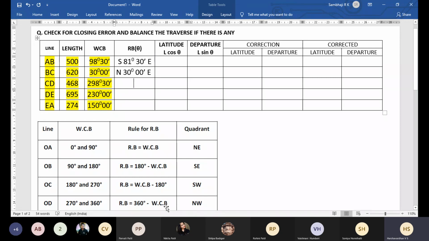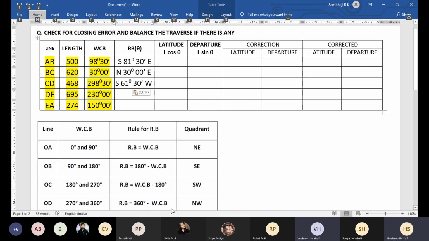The reduced bearing is 360 minus the whole circle bearing, 360 minus 298 degrees 30 minutes, which is 61 degrees 30 minutes.